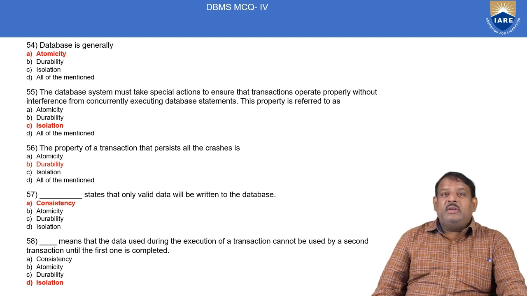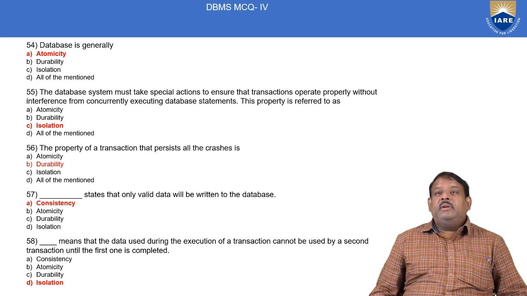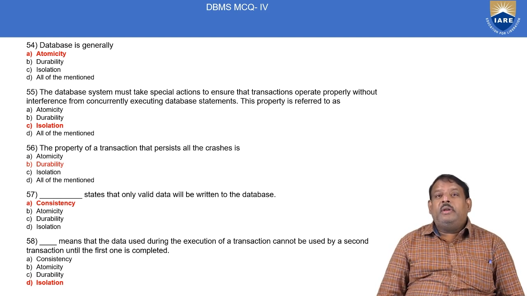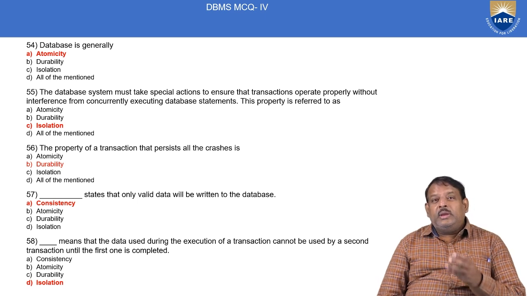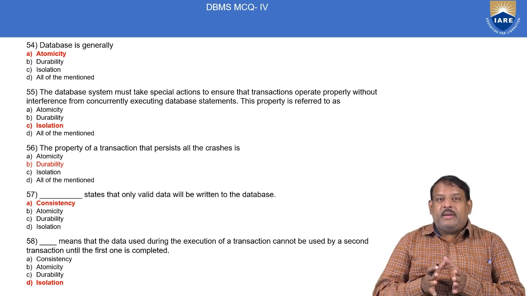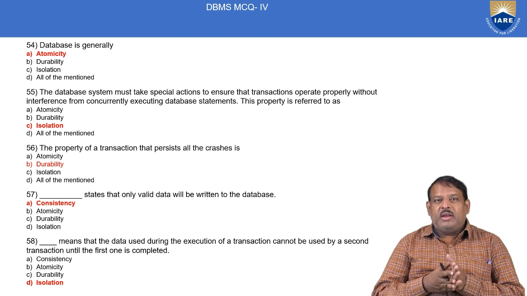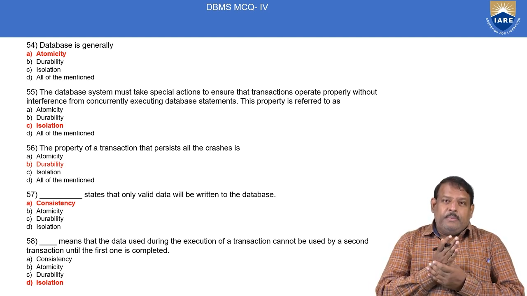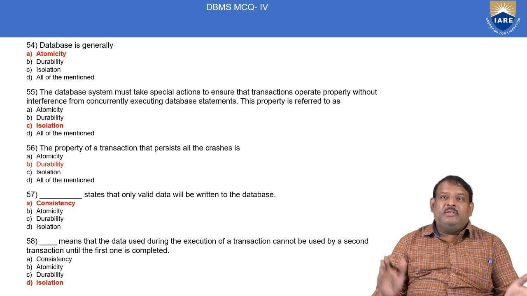Now here the question is, when there are multiple executing statements, what property has to be attained? That is isolation. So isolation means you will be given a copy of the database. It will act as independent. After you finish your transaction, then this record will be updated, and all can see the new records.